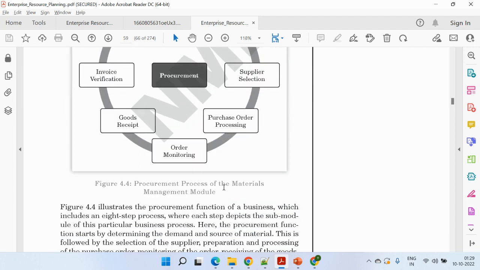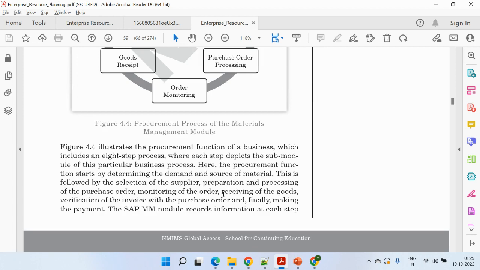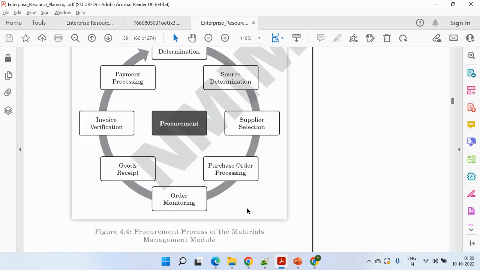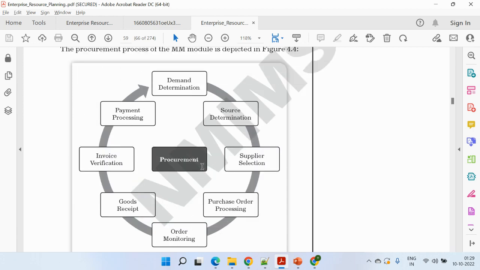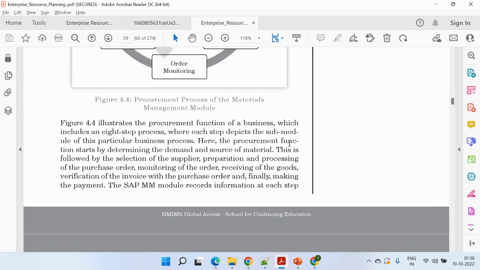If you are copying it from the internet, make sure you give the reference of that particular link, otherwise it will fall under plagiarism and there is a high probability you will get 0 marks. If you are preparing it on your own, that's very good. But if you are facing any issue and you simply want to copy paste, then do mention the source or the link of the page from which you have referred. If you are referring to the NMIMS book, just mention page number 59 of this book, erp.pdf.